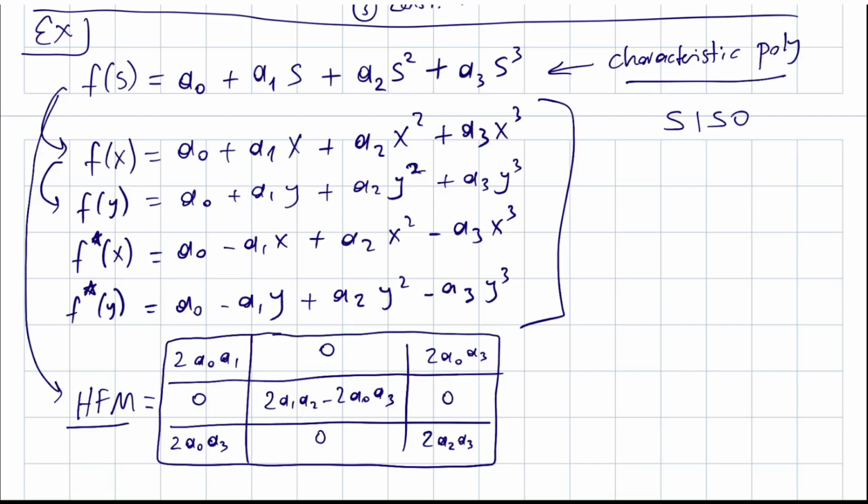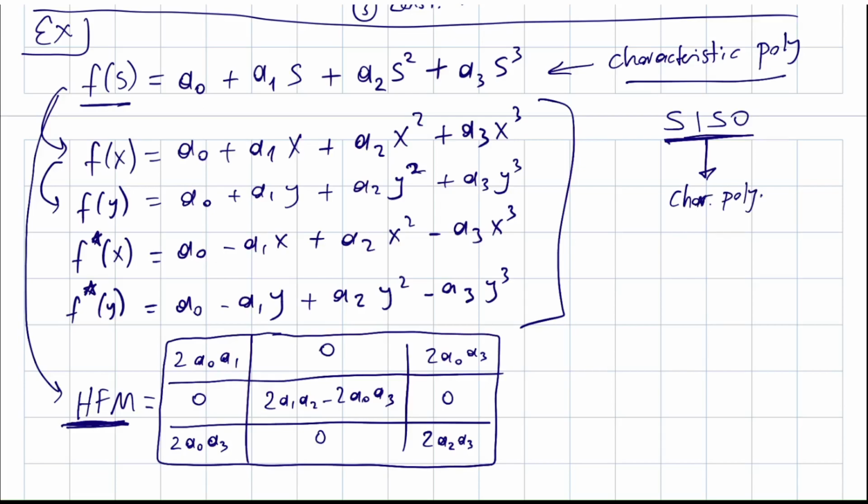Okay, all right, and for this SISO system to be stable, you have a SISO system and you have some characteristic polynomial.